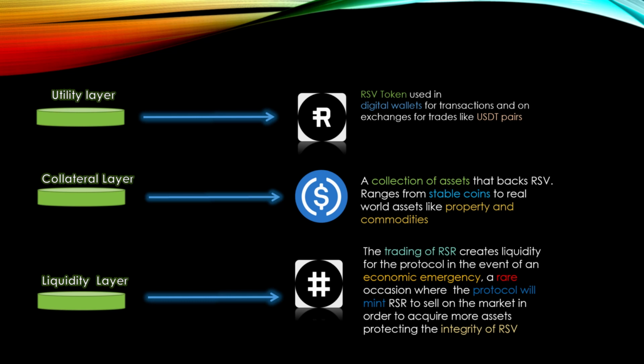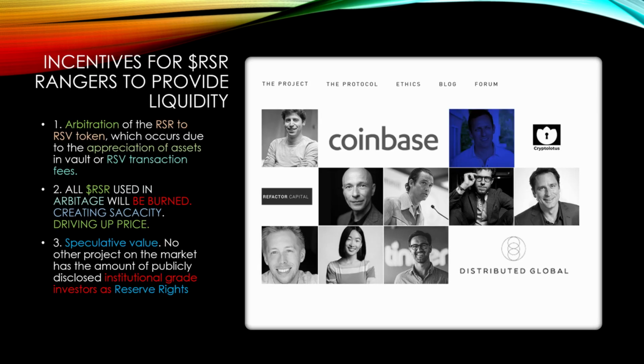So essentially it increases the value proposition of the RSR token for people to buy it and to engage in arbitrage. So I dare say it's an even more intelligently designed Bitcoin.